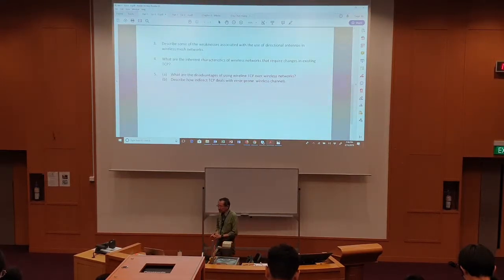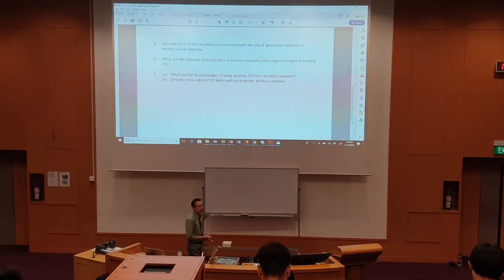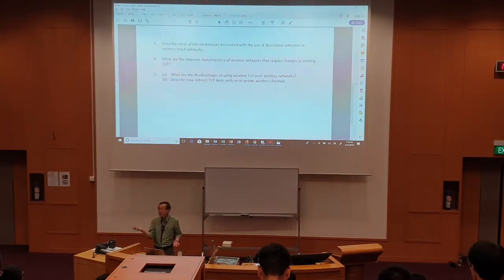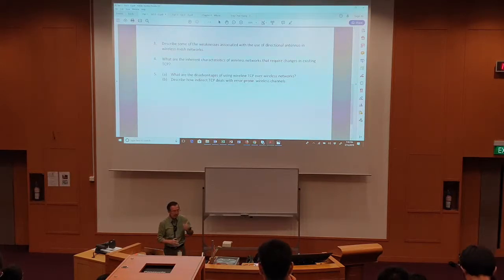Describe some of the weaknesses associated with the use of directional antennas in wireless mesh networks. So we did that last week, right? Directional antennas. We gave you 3 examples. Deafness was one of them, right? Those 3.